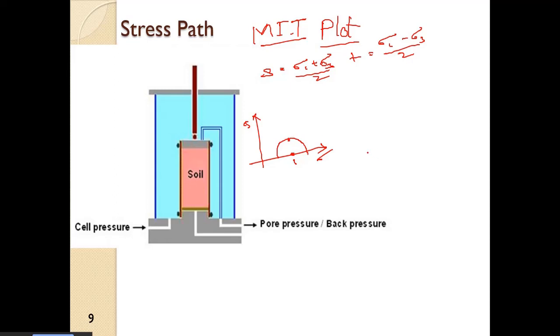So if we plot it in terms of S and T, at a point where sigma 1 is equal to sigma 3, it is the average of the two, so it is equal to sigma 3. So we will have 200 kPa here, and we will have 100 kPa here.